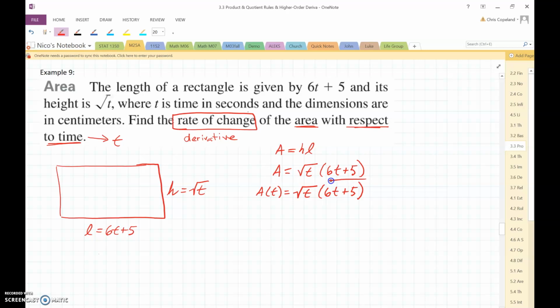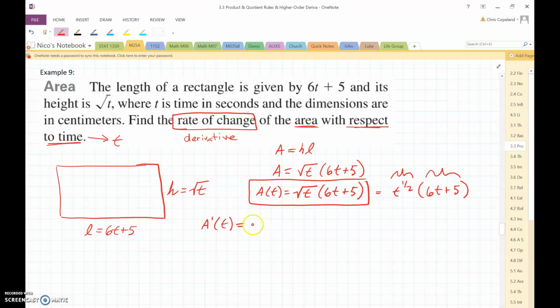Alright, so we want to find the rate of change of the area. So how is the area of this rectangle changing with respect to time? So we need to take the derivative, A prime of t. In order to do that, we're going to have to do the product rule, where this would be considered the first and this would be considered the second function.